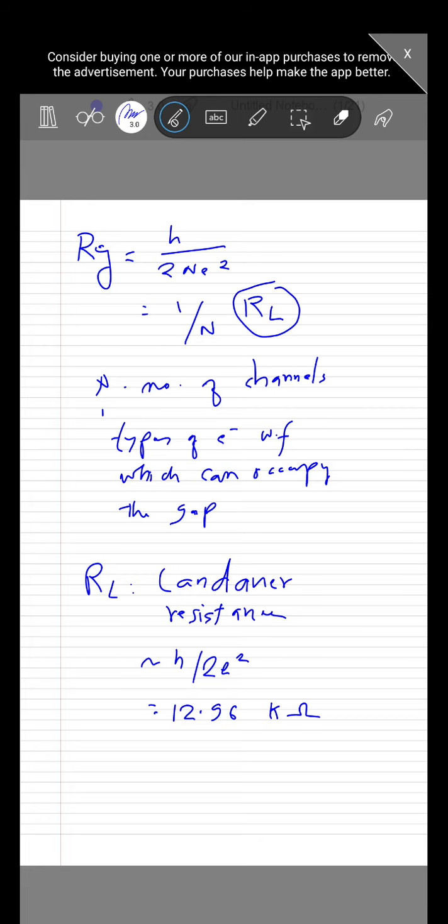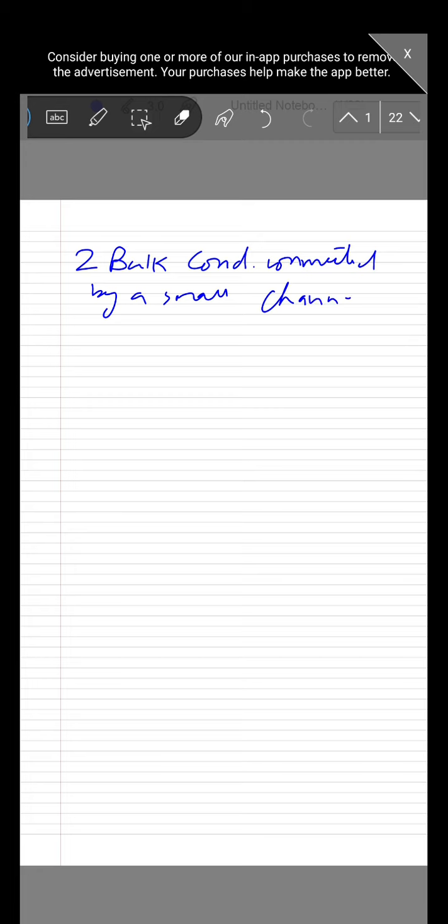Now, let us take an example where there are two bulk conductors connected by a small channel. And this channel has a bias, that means a voltage V is applied to it.